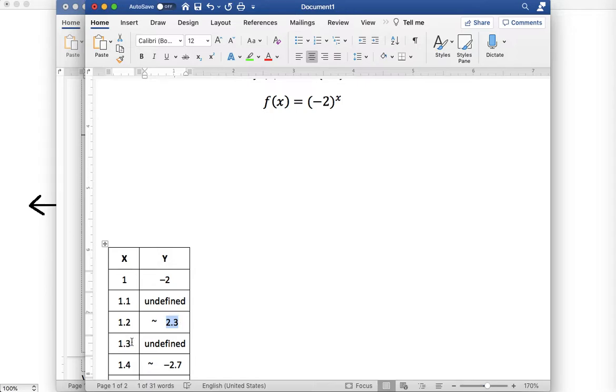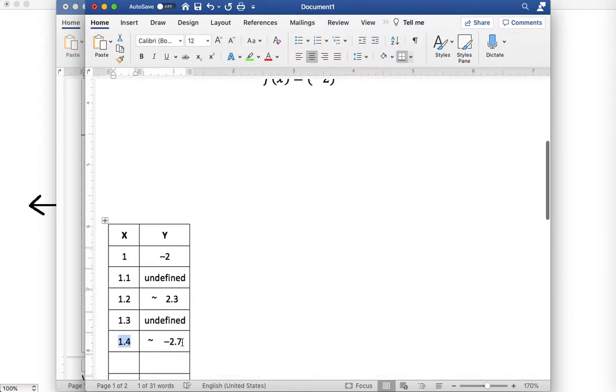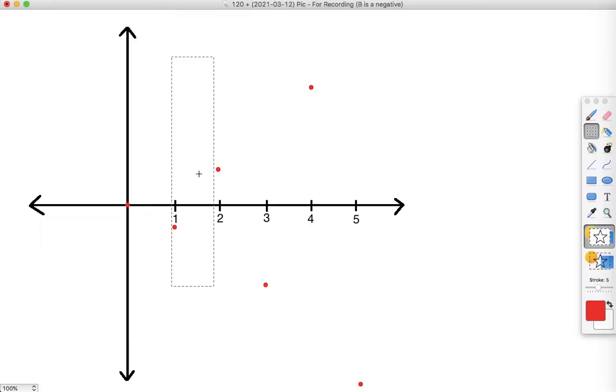If x equals 1.3, then once again it's undefined. X equals 1.4 is now negative 2.7. So it was negative 2, undefined, then positive, then back to negative, all within a span between 1 and 1.4. So in between this little spot right here, it went negative, positive, negative with undefineds in there as well.